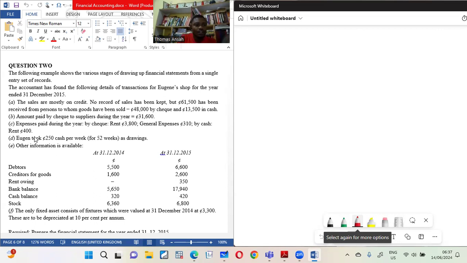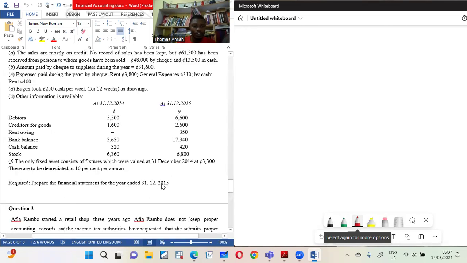The next one says Eugene took 250 in cash per week for 52 weeks, which means we have to multiply, as drawings. Then other information is available. You have debtors, this is last year and this is this year, because we are preparing this financial statement at 31st December, which is also confirmed here.